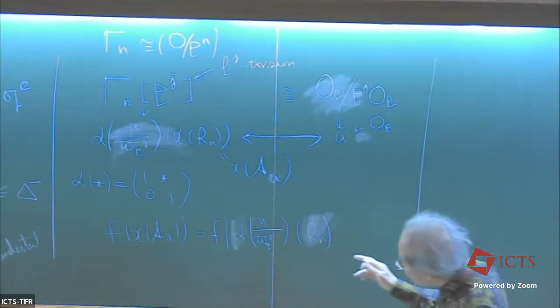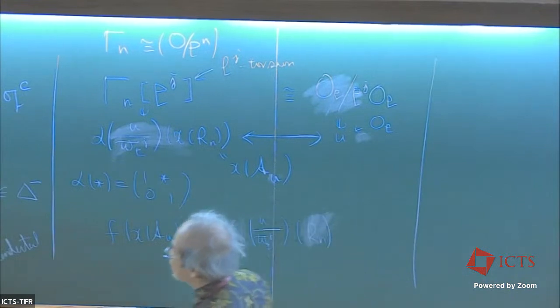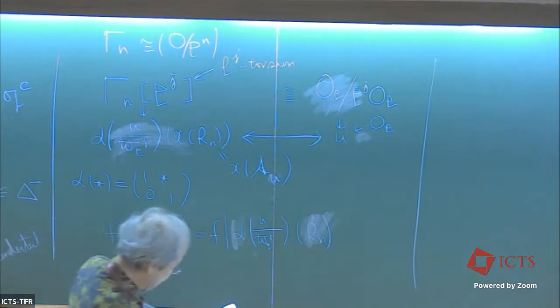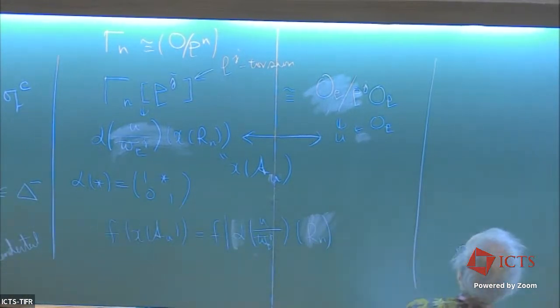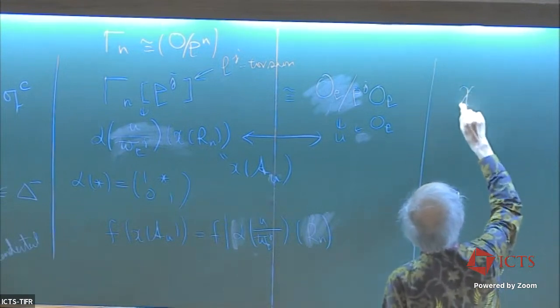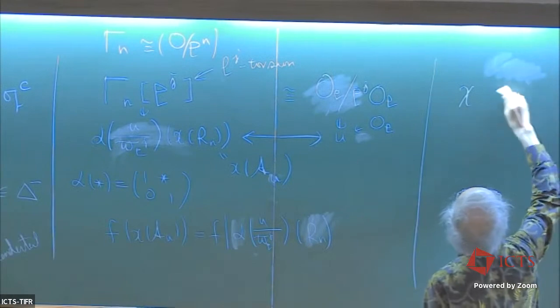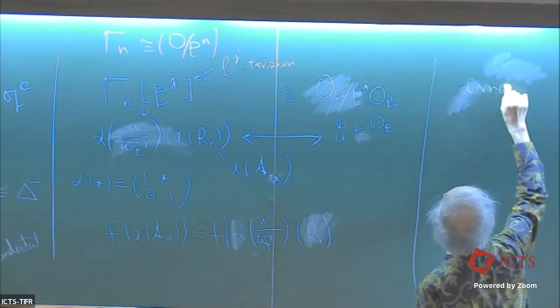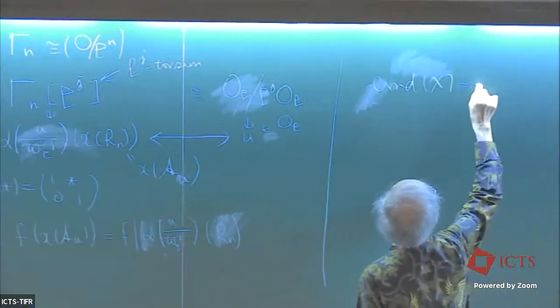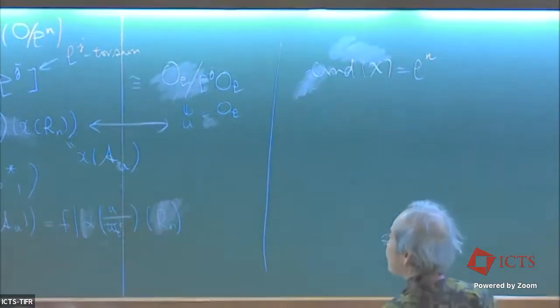So I just applied this operator and that operator like this. And so the point here is that you pick chi such that the conductor of chi is L to the n.